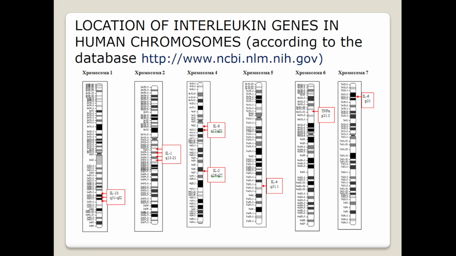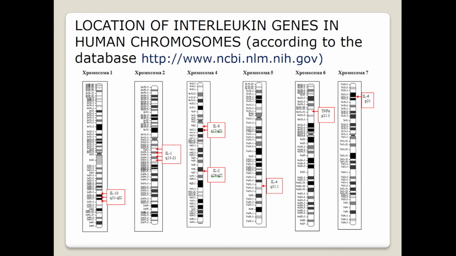Next is information about genes, which you will use in our second module and which you will find in the database. It is the position of this polymorphism on the chromosomal map. Here you can see a map of not all chromosomes, only 1, 2, 4, 5, 6, 7.